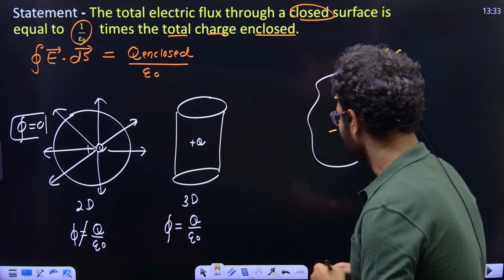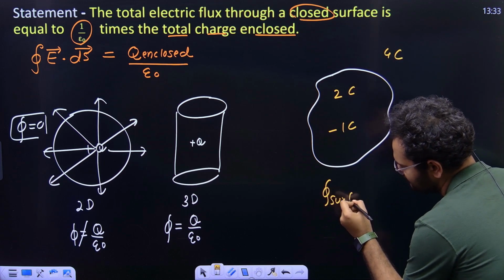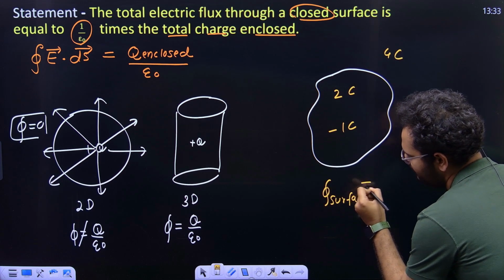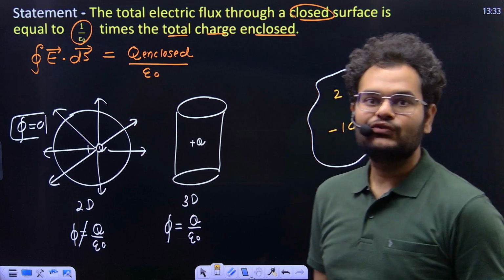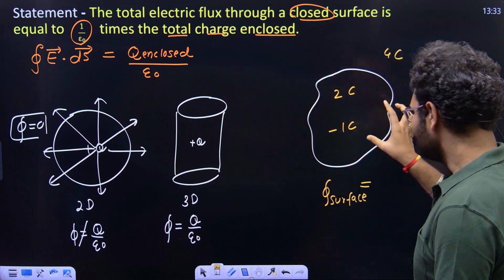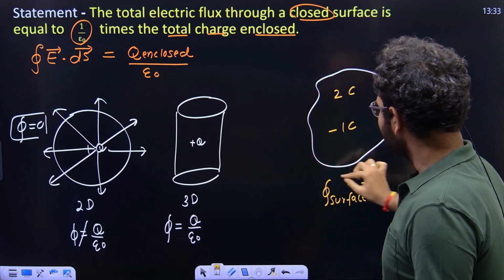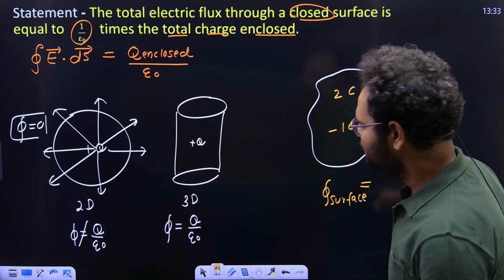And if I want to write the expression for flux through the surface according to Gauss law, which charges am I going to take? Total charge enclosed. When I say total charge enclosed, charge is a scalar quantity, right? So whatever charge is inside the surface, you are going to add directly.